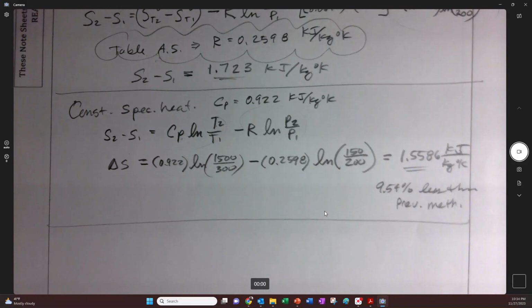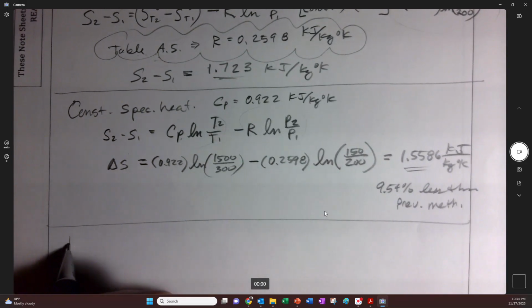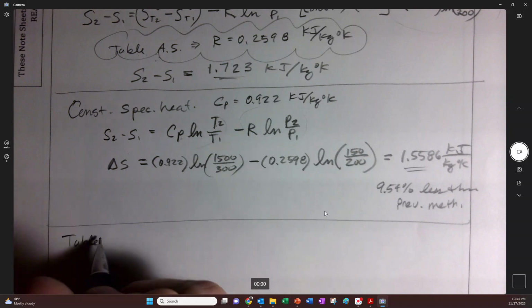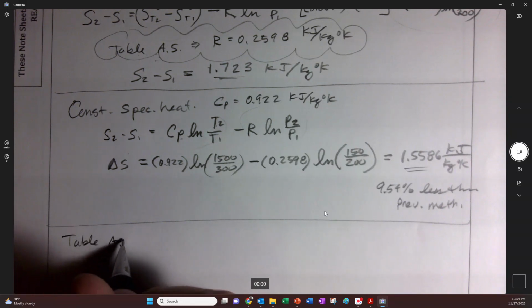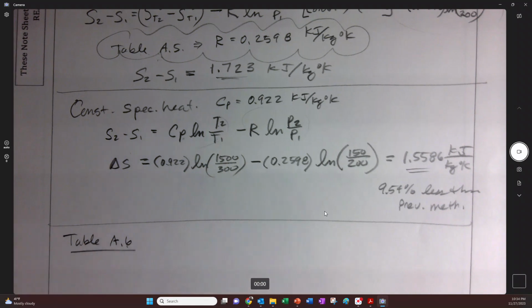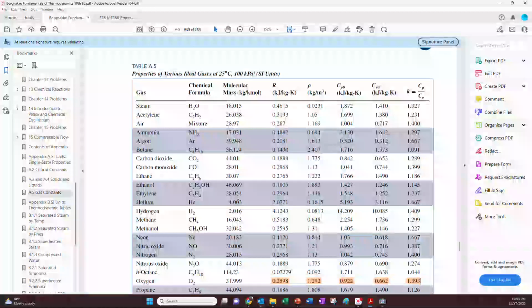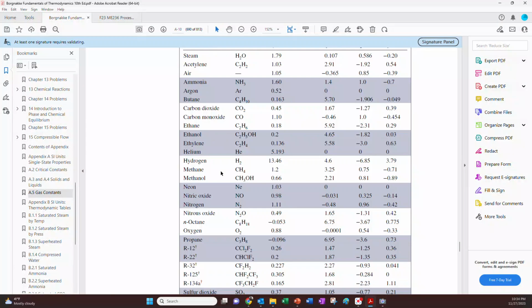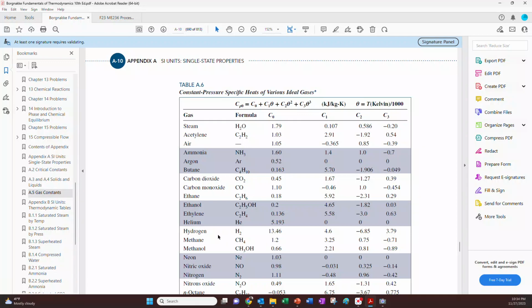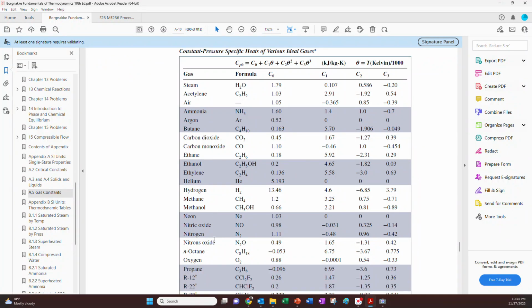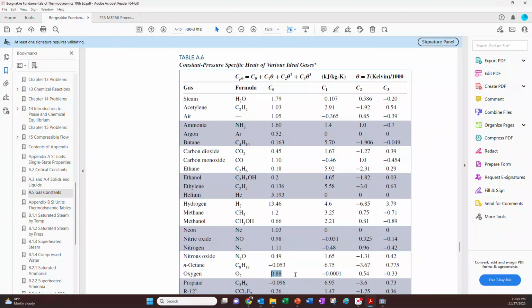Now this is the most annoying one, but we will just plow ahead. Table A6, I think that's the one right there. For oxygen, we have these values that fit into this equation, right?